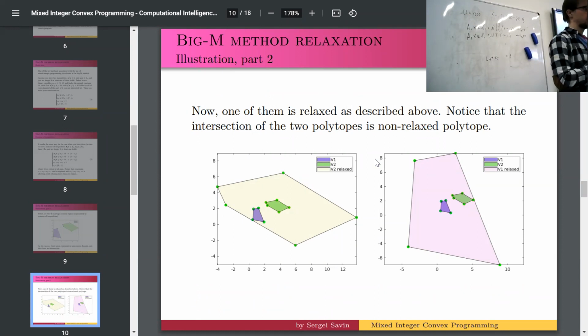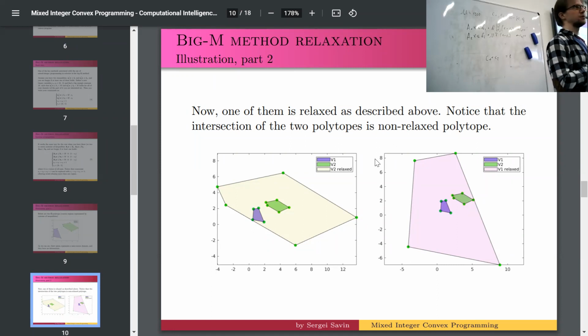But now the intersection of relaxed V2 and V1 is what? It is convex, but also what is V1? Yes. So the intersection between relaxed V2 and V1 is V1. So V1 became our new domain.